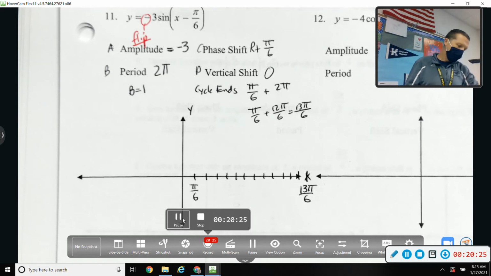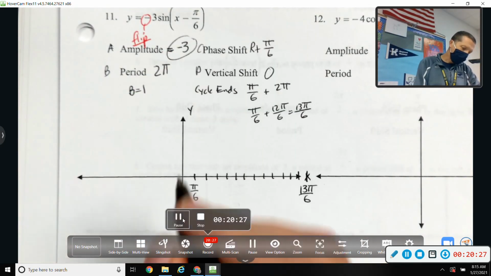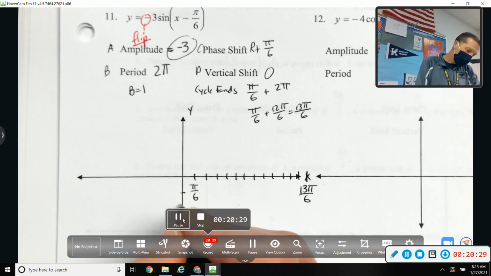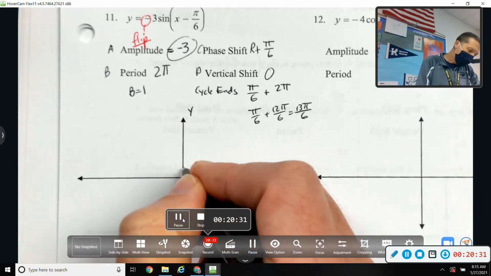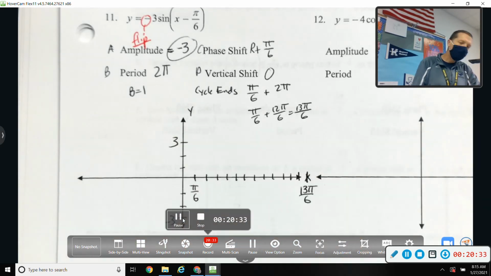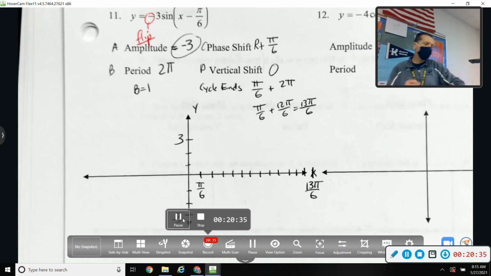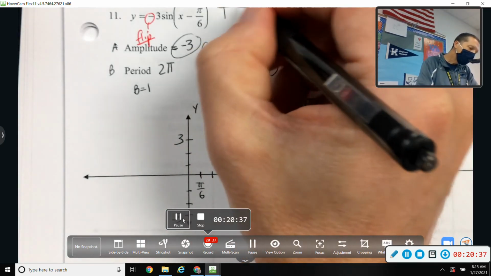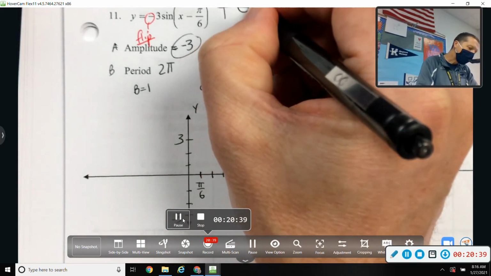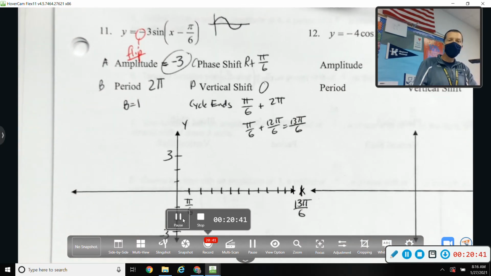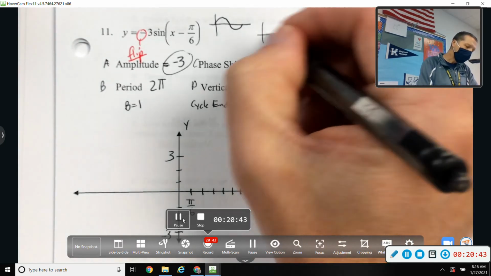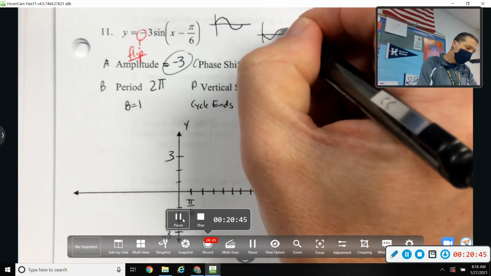The amplitude is -3, so I'm going to end up going between -3 and 3. My normal sine looks like that. If you want to draw a flipped sine, if that helps, there's my flipped sine.